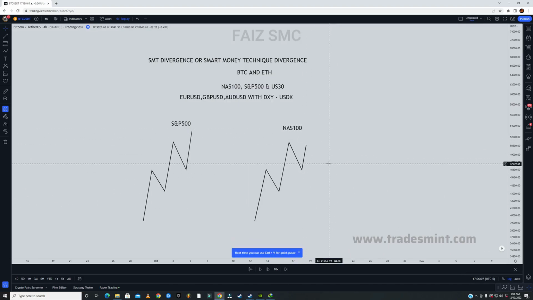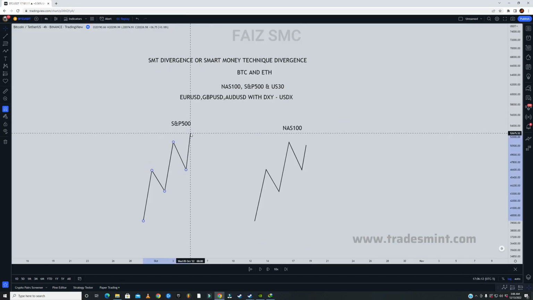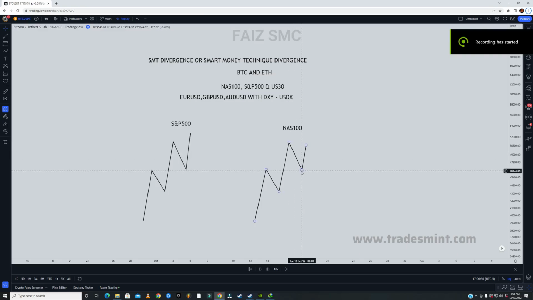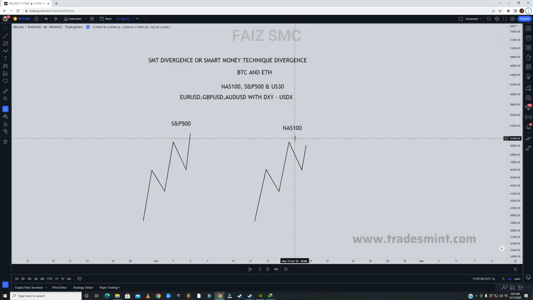Cool. So notice this. On S&P 500, we have higher high, higher low, higher high, higher low, higher high. On NAS 100, we have higher high, higher low, higher high, higher low, and then NAS 100 fails to create another higher high.